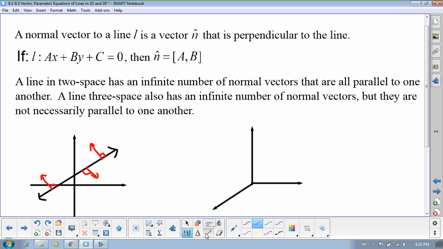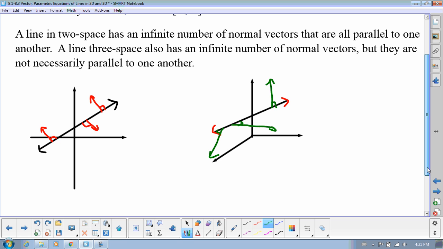However, if I have a line in 3D, if I'm looking at this line, I can have a line that's perpendicular right here, but I can also have a line that's coming out right here that's perpendicular. Or we could have a line that is going down that is perpendicular.